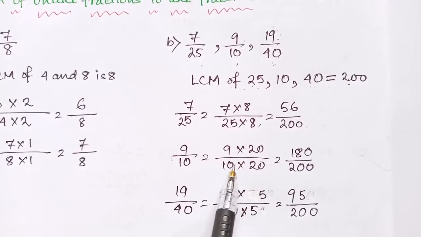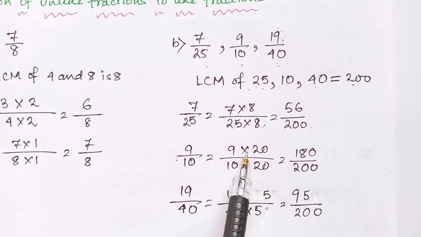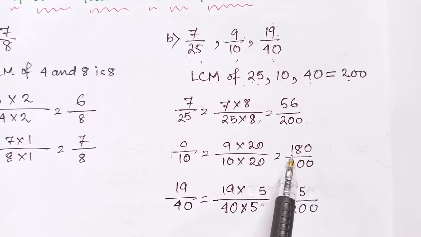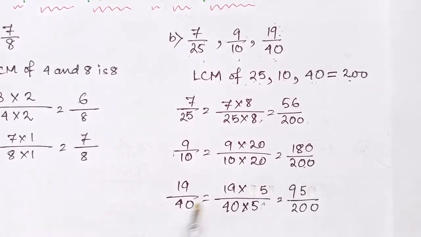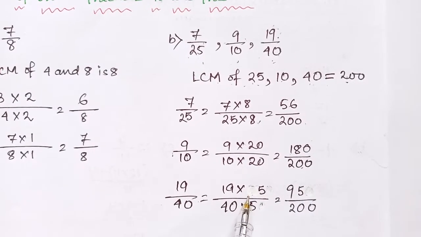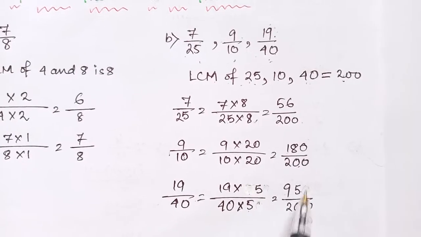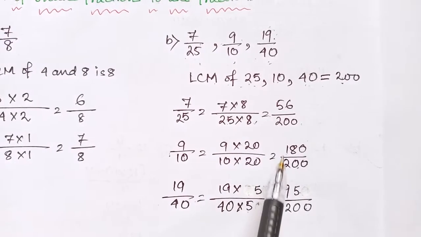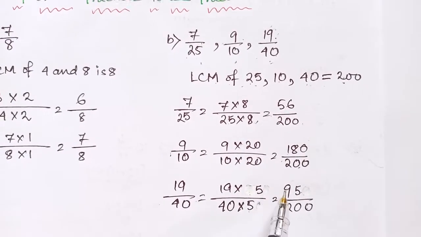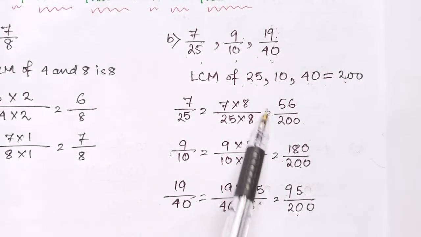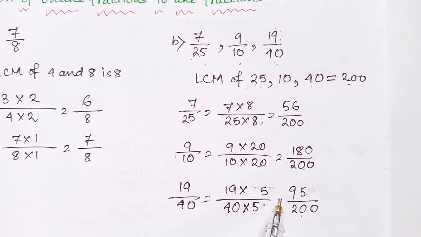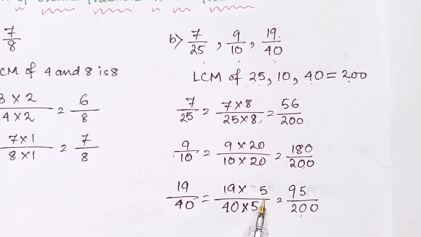Here, 9 by 10 is multiplied with 20 and get 180 by 200. 19 by 40 is multiplied with 5 and get 95 by 200. So now 56 by 200, 180 by 200 and 95 by 200, these all three are the like fractions.